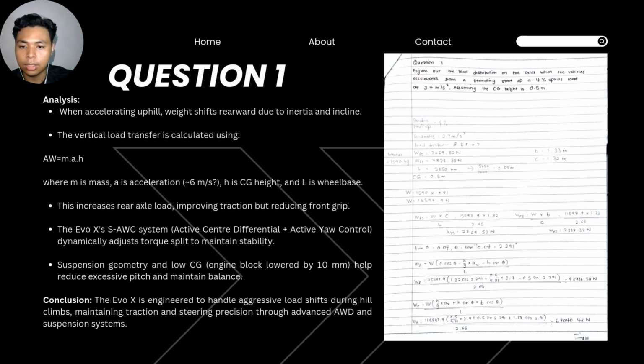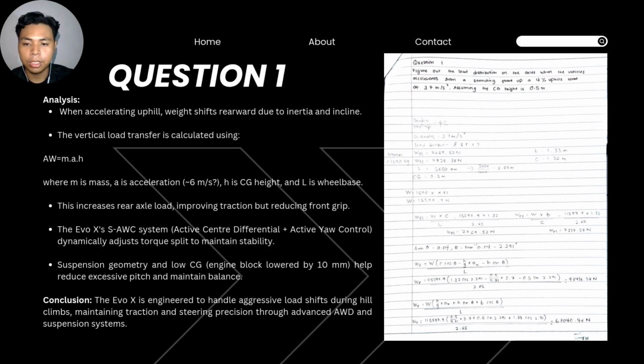Alright, so this increases rear axle load, improving traction, but reducing front grip. The Evo 10 S-AWC system, active center differential plus active yaw control, dynamically adjusts torque split to maintain stability.